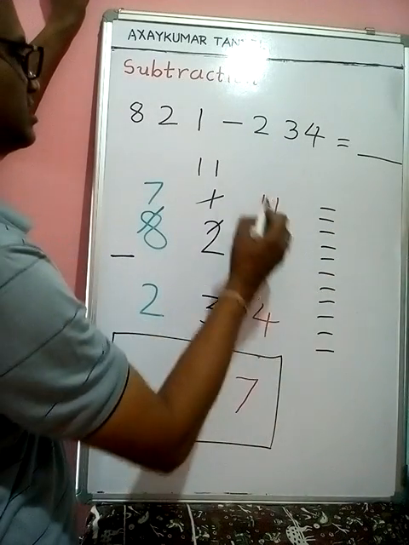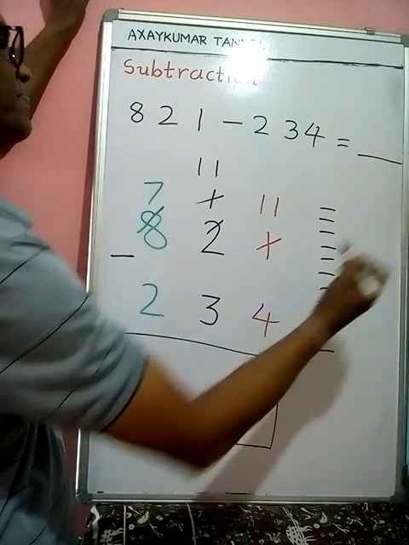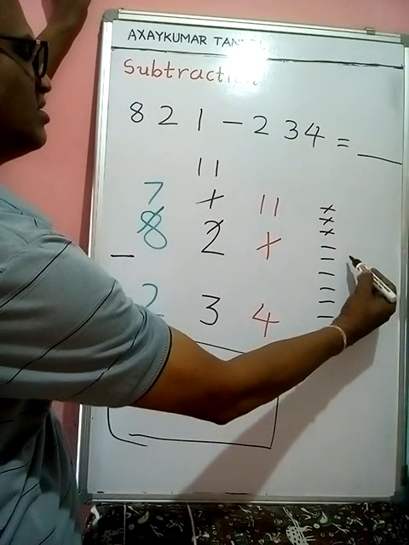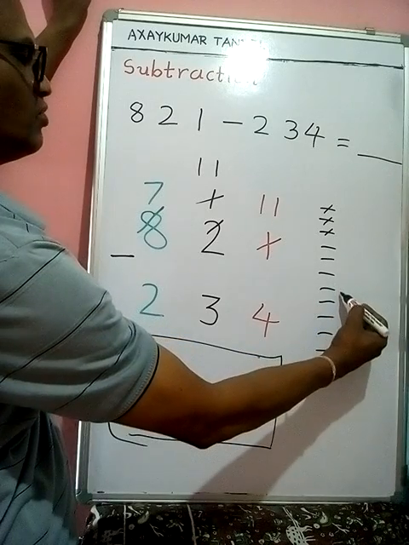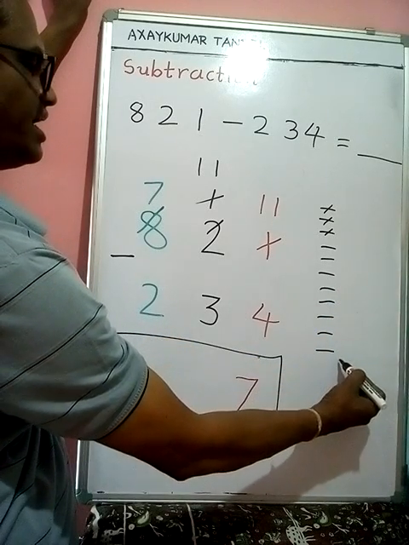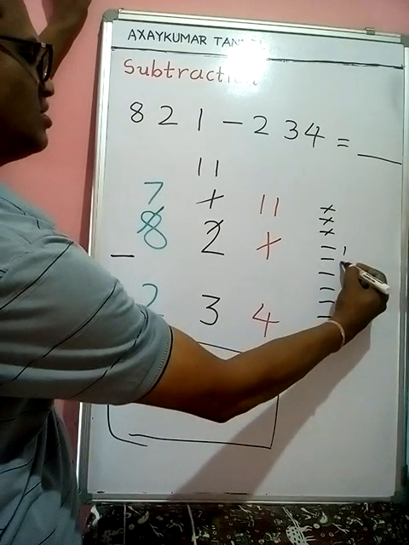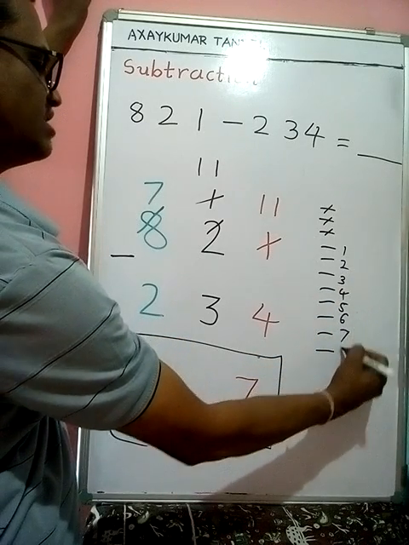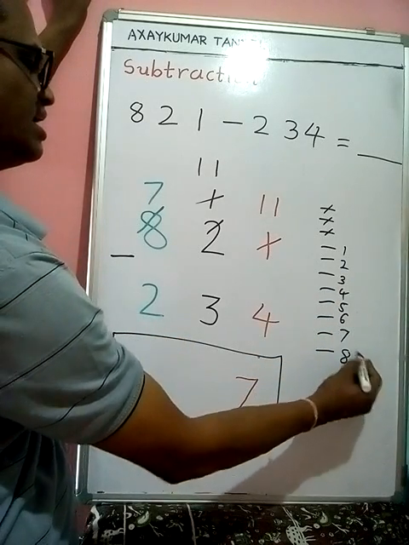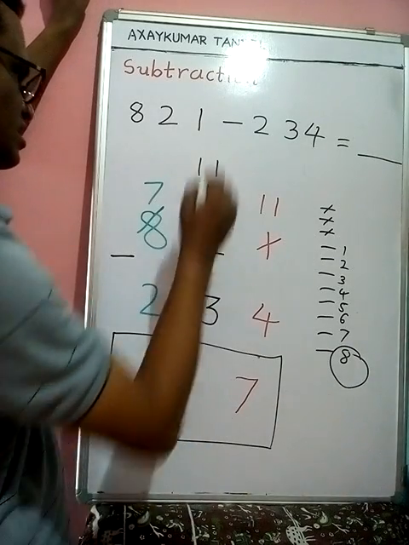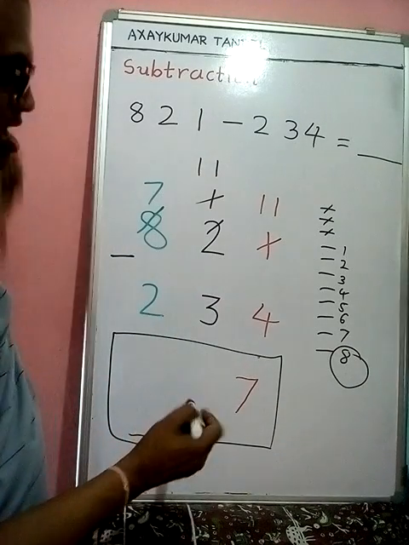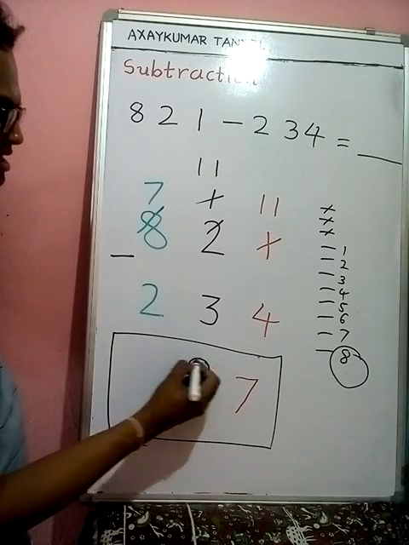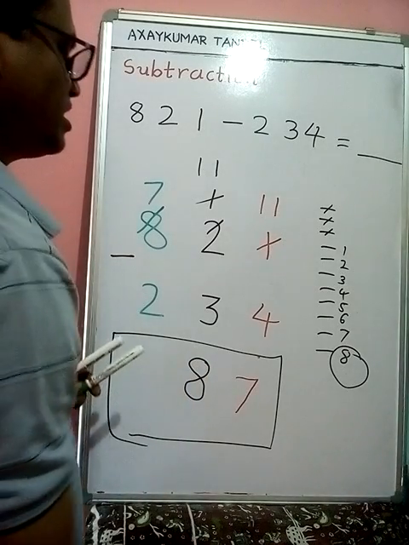We cut 3 lines. 11 minus 3. 1, 2, 3. How many saving? 1, 2, 3, 4, 5, 6, 7, 8. How many saving? 8. Our tens column subtraction is 8. We write here 8. Okay.